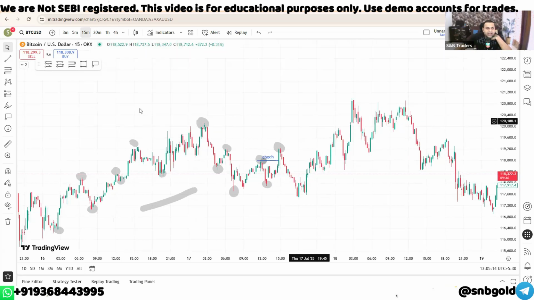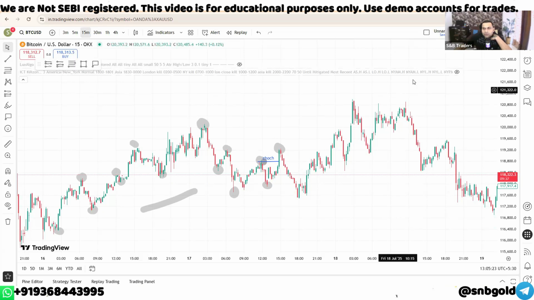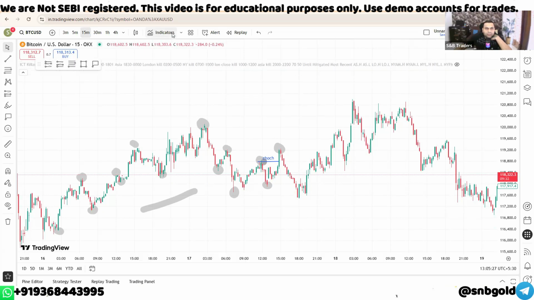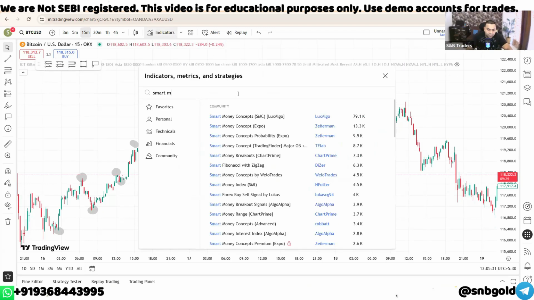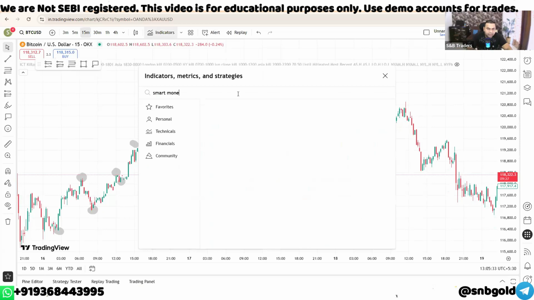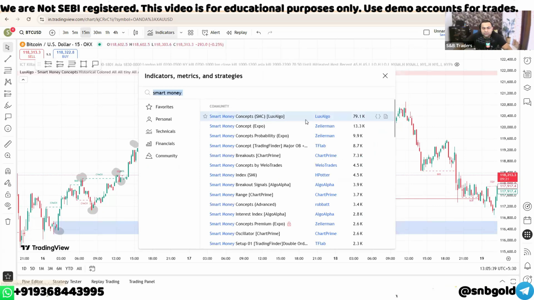Obviously there is an indicator which you can use to mark everything, which I also currently use myself. I'll tell you how to put this indicator. You can go to Smart Money Concepts by LuxAlgo. This one here, 79.1K.